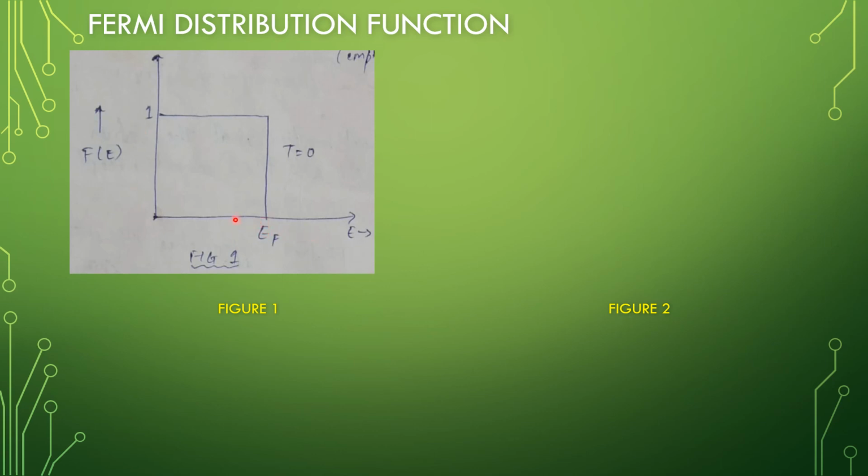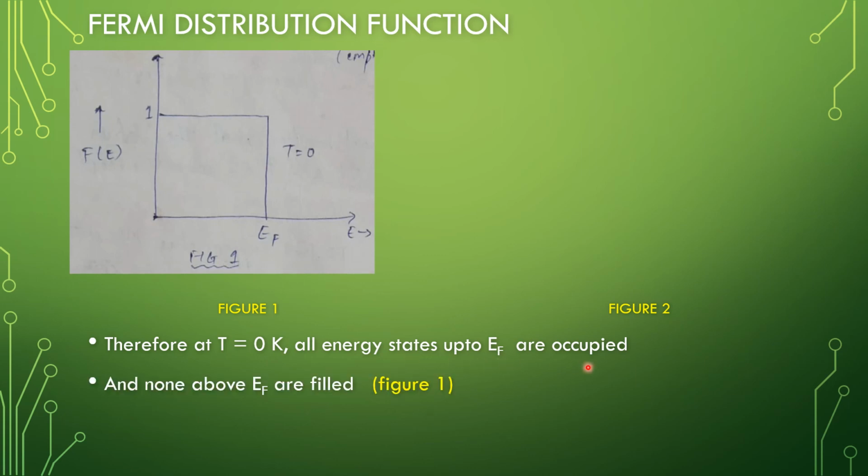For E less than E_F, f(E) is 1, and for E greater than E_F, f(E) is 0. Therefore, at T = 0 Kelvin, all energy states up to E_F are occupied, and none above E_F are filled.